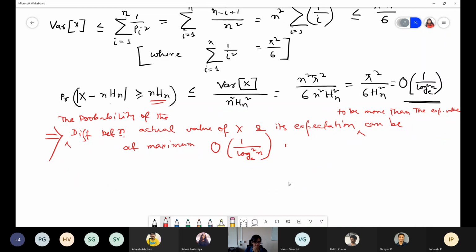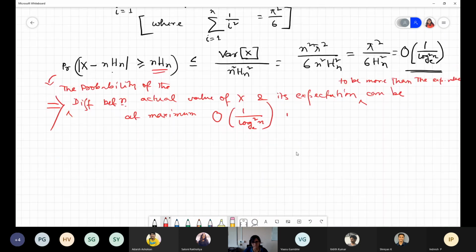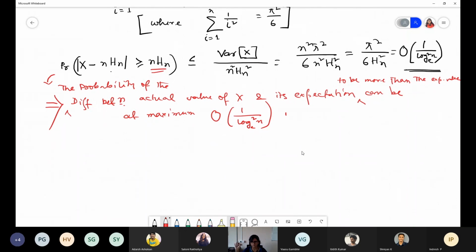So this is the translation of what is written here. Okay. Any doubts so far?